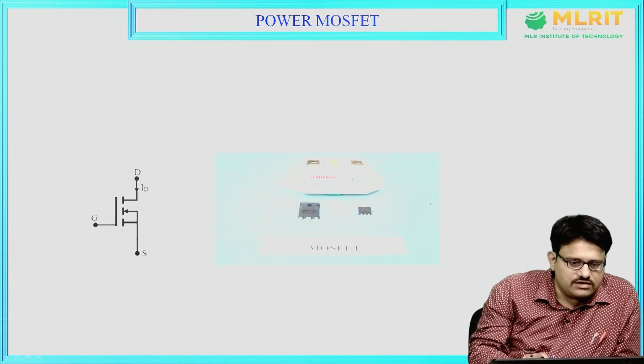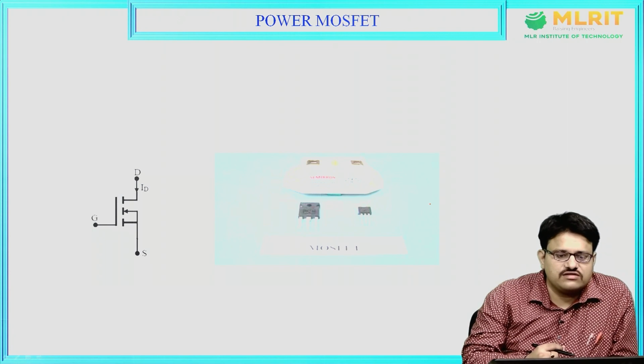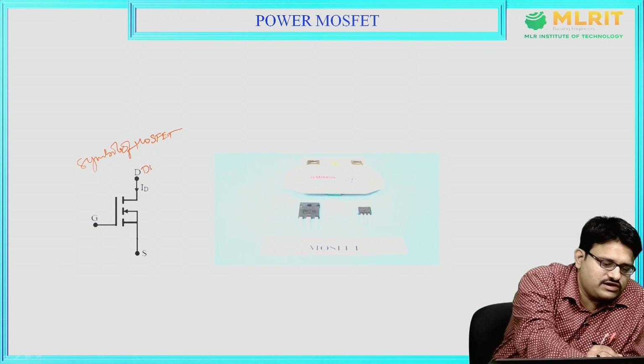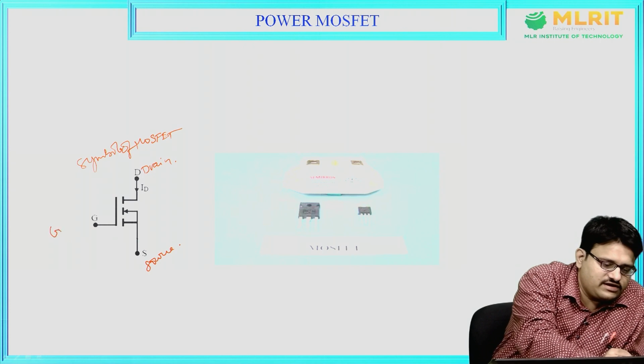Now coming to power MOSFET, the metal oxide semiconductor field effect transistor. This is the symbol of the MOSFET. This is drain, source, gate.